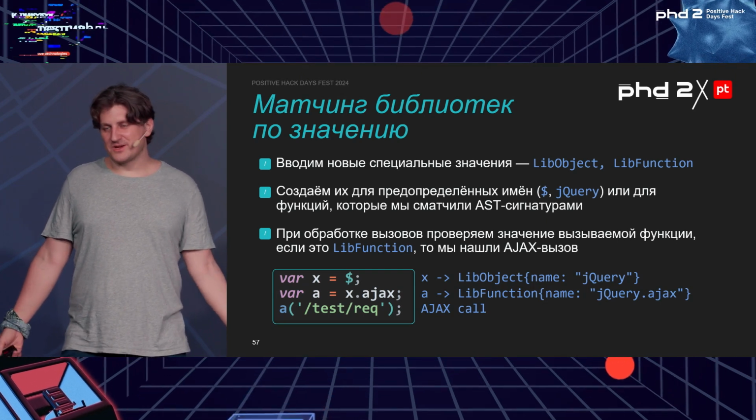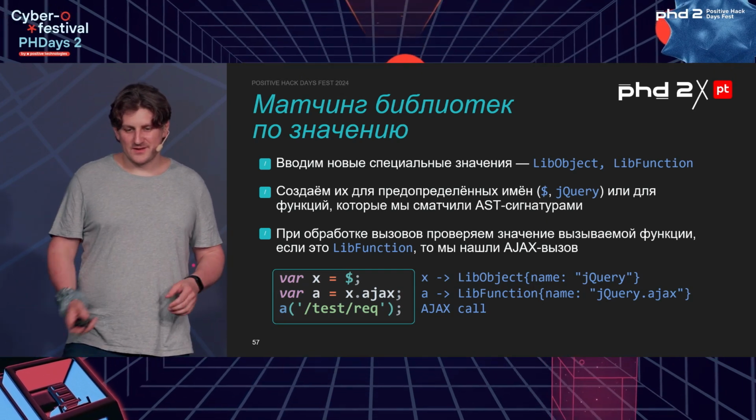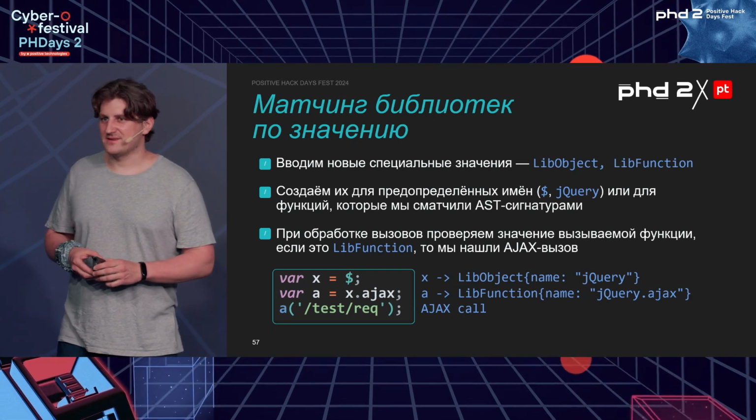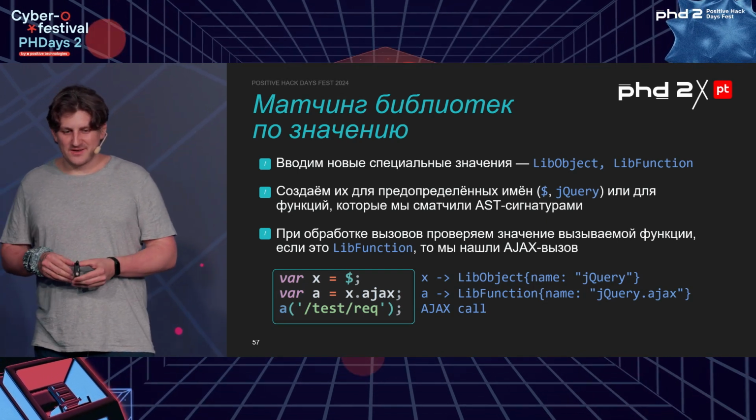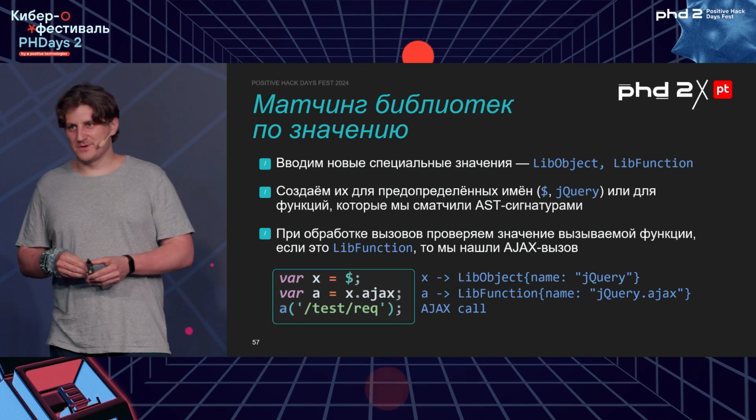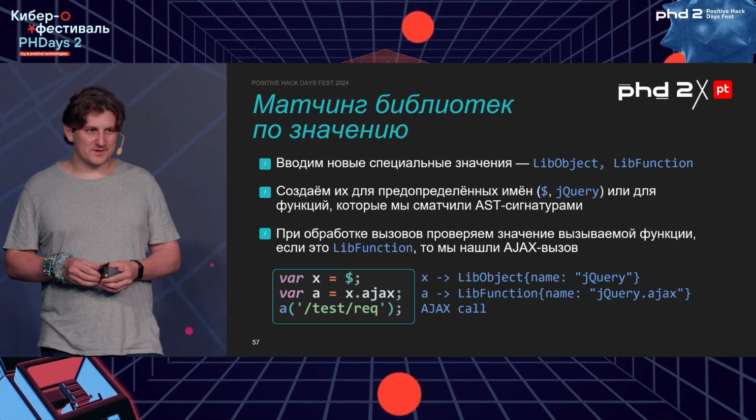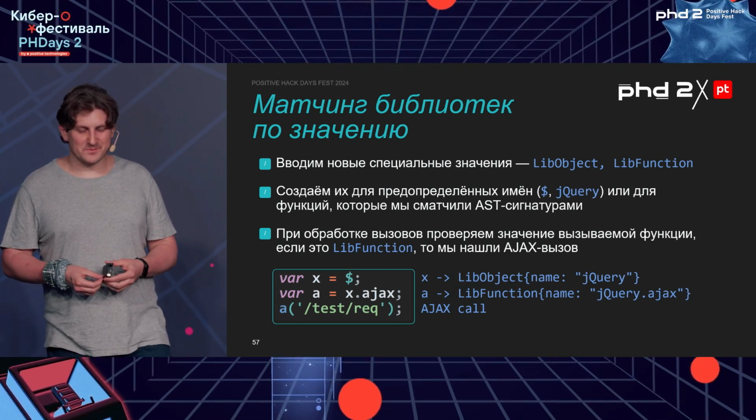Another feature we've added is library matching by value. Like I mentioned, if a library object has been renamed or a library function has had a different variable assigned to it, probably with a different name, such calls previously would not be recognized because the analyzer was matching AJAX calls by names.